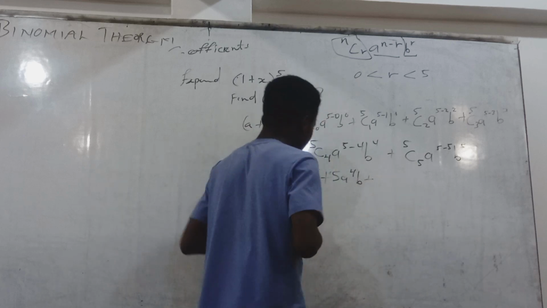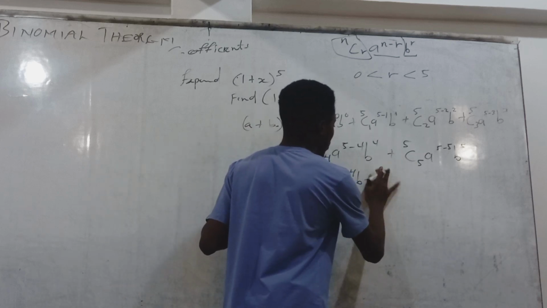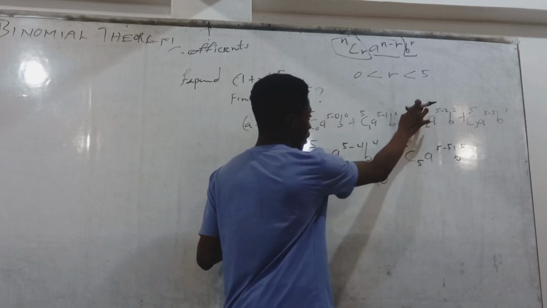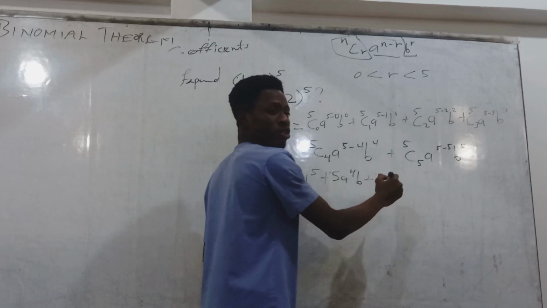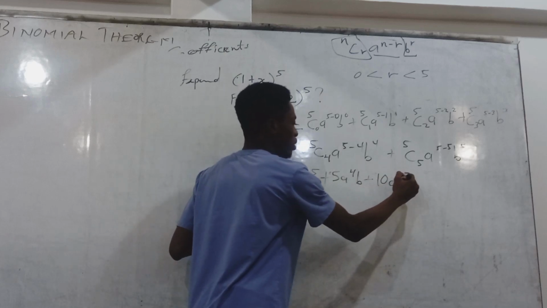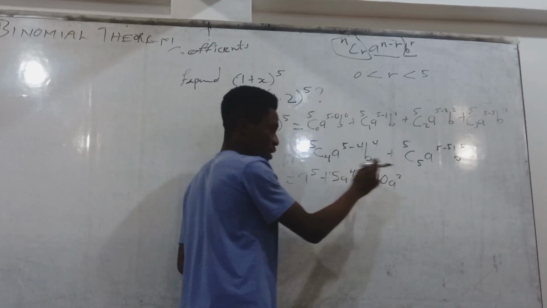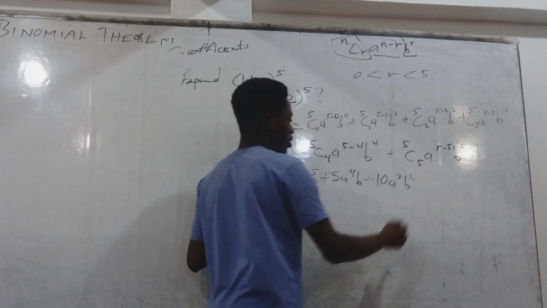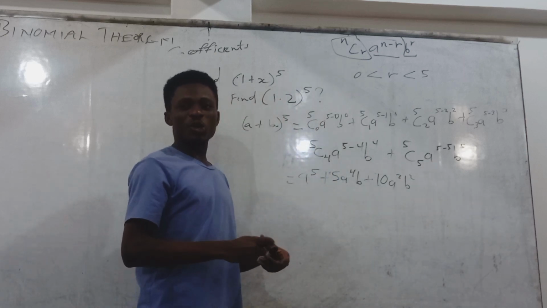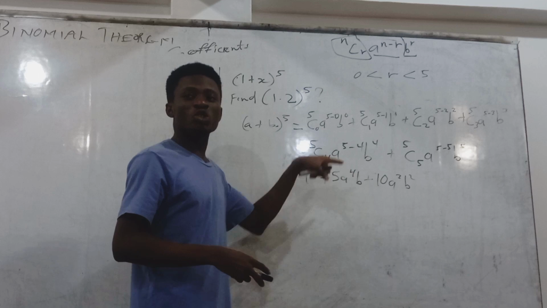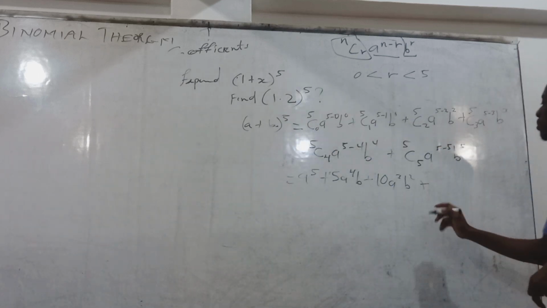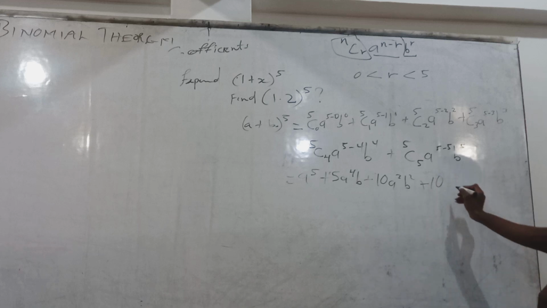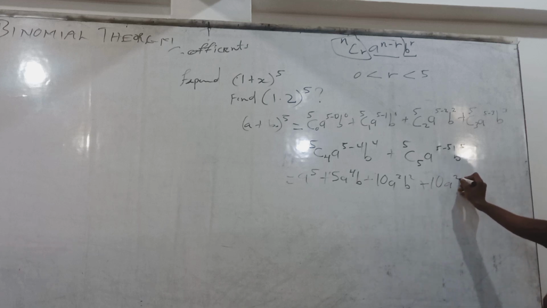Okay, so the next term becomes 10, isn't it? 5 combination 2 is 10. So 10 a to the power 3, because a will fall by 1, then the b will be 2; it increases by 1. I'll show you another trick that will tell you that what you are doing is right. The next term becomes 10 a to the power 2, b to the power 3.